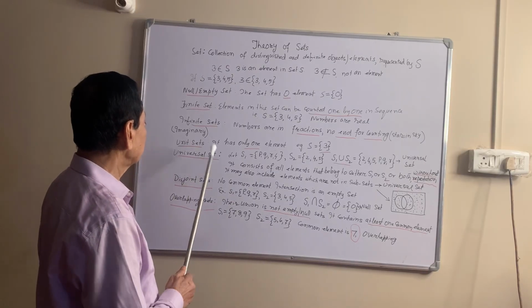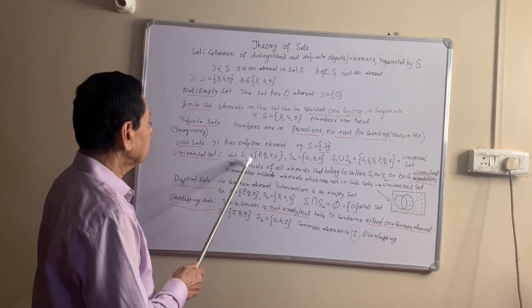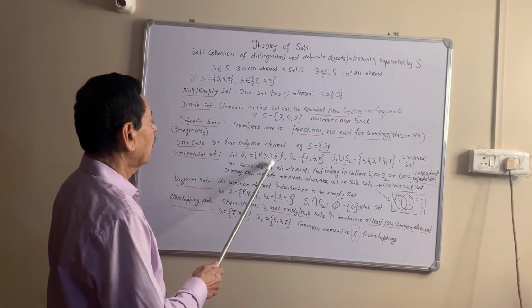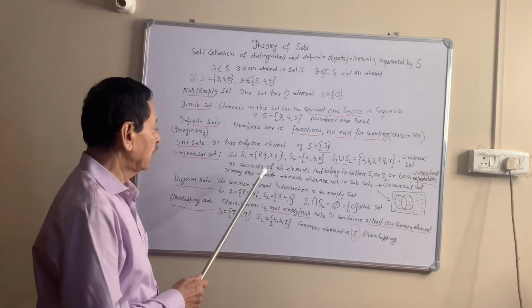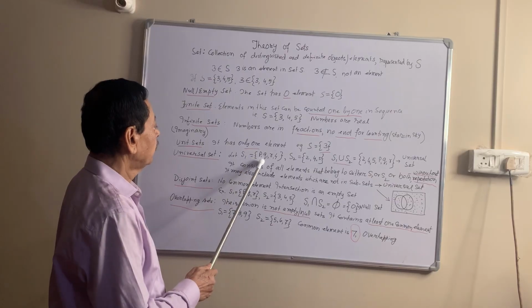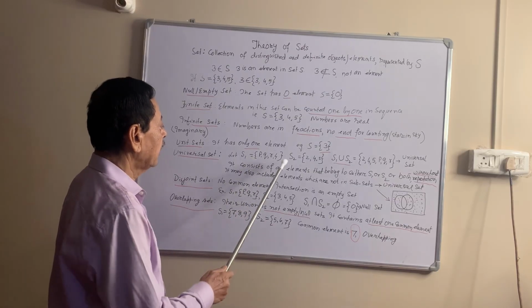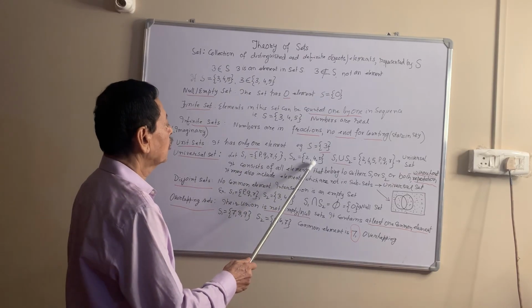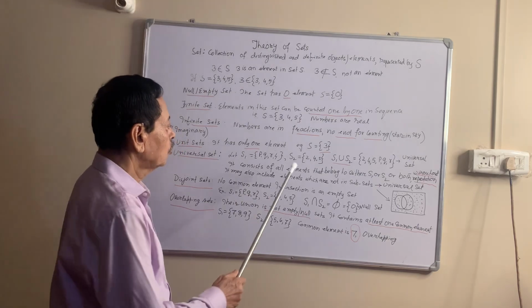Then the universal set. Say S1 is equal to {P, Q, R, 4}. These are the elements in set S1: P, Q, R and 4. In S2, the elements are 2, 4, 5.